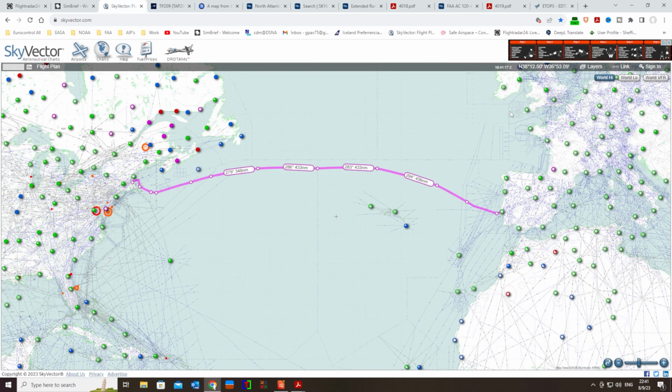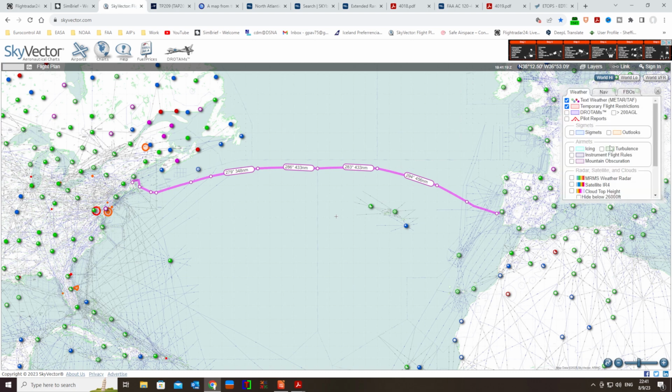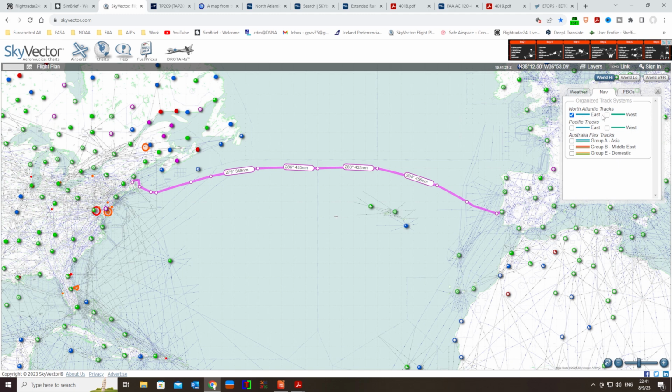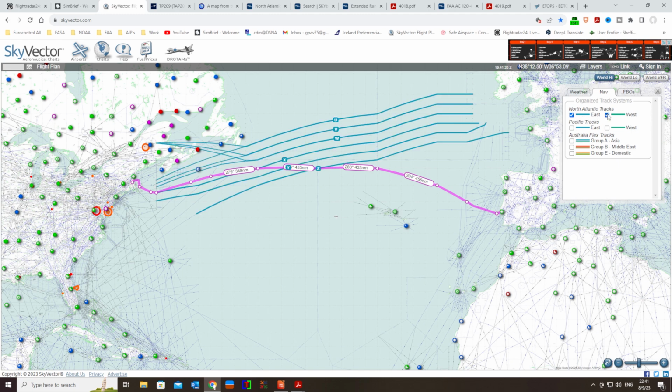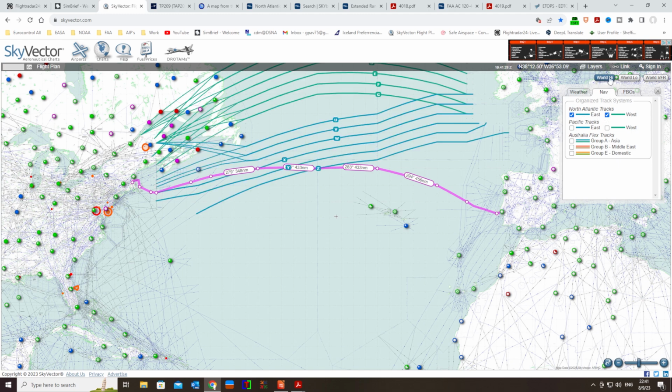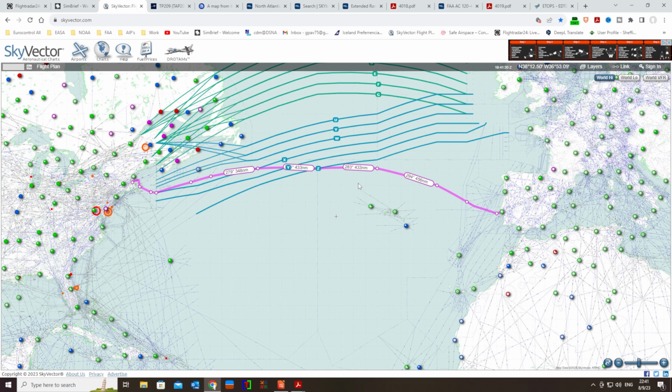So either we go ahead and hit the North Atlantic tracks below, and we can fly that route, crossing the tracks like that. No problem there. We can cross those tracks using the UPR system.